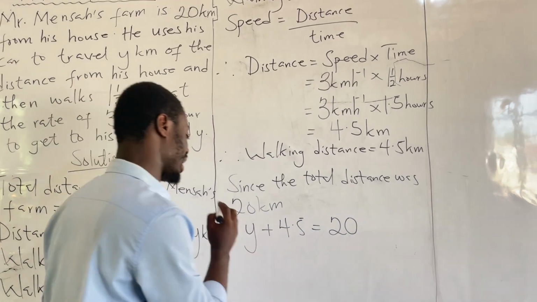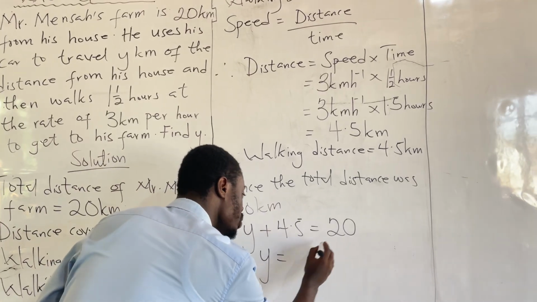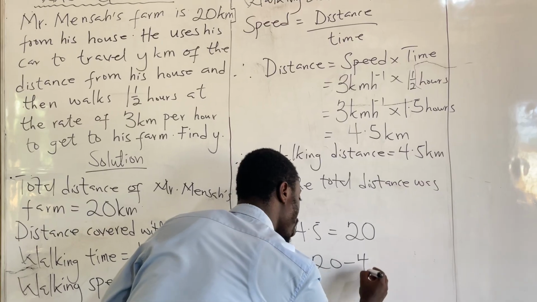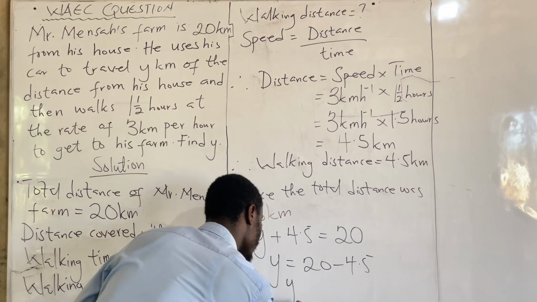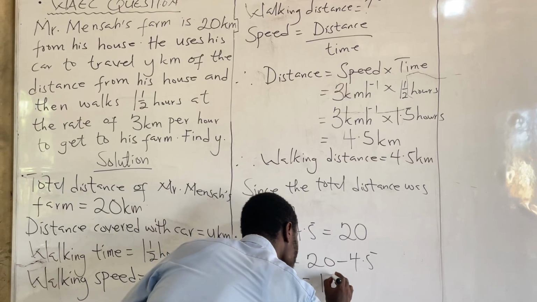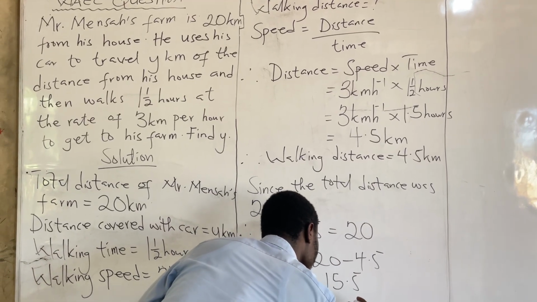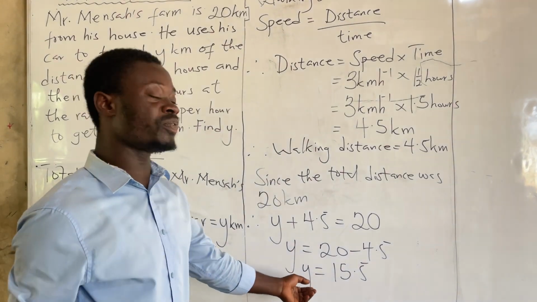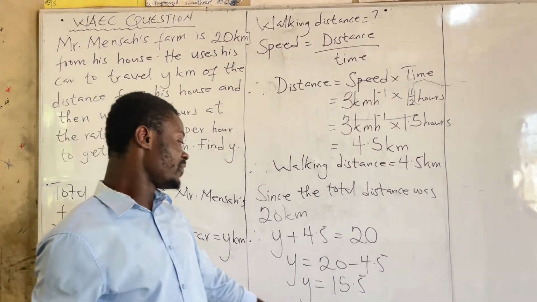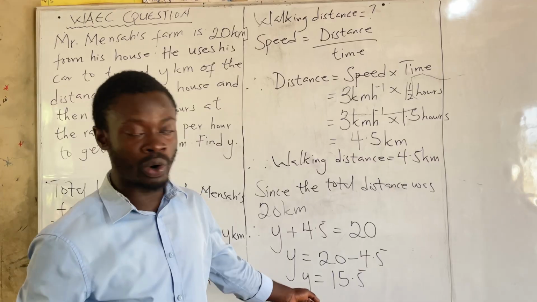Now let's solve for y. y will be equal to 20, then this one crosses the sign and gives us minus 4.5. Therefore, 20 minus 4.5 gives us 15.5. So y is 15.5, which means the distance covered with car is 15.5 kilometers.